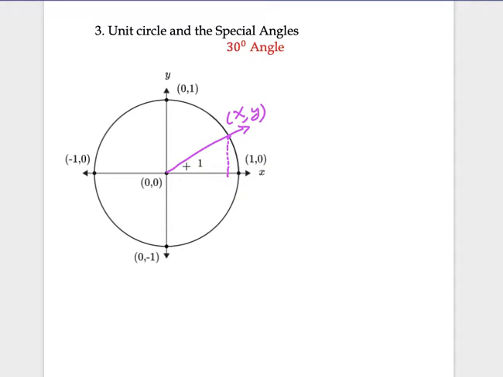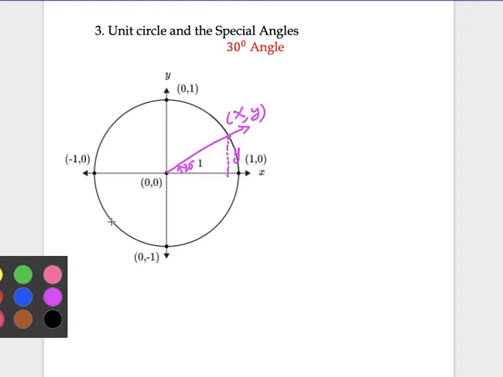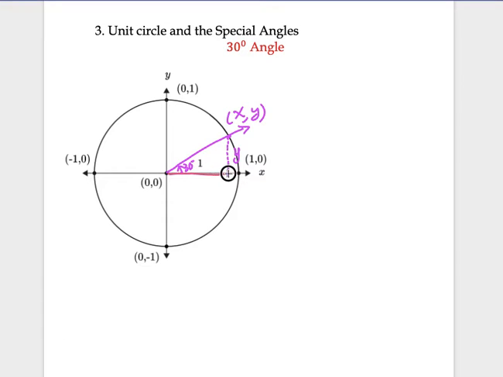So first, I'm going to draw our 30 degree angle here. The vertical distance is the y part. And of course, let me use a different color. The red part indicated here is x, right? And we know x squared plus y squared equals 1 because this is the equation of the circle.